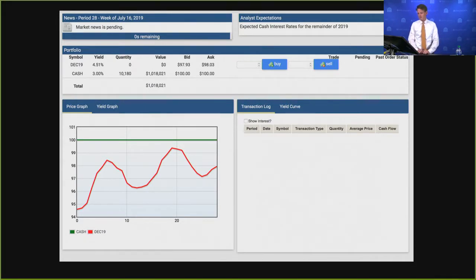So an expanded view of the interface shows these price and yield graphs. The price graph would look like this. This is an example. I've let the simulation go, in this case, to July 16th, and this is without any student trading.